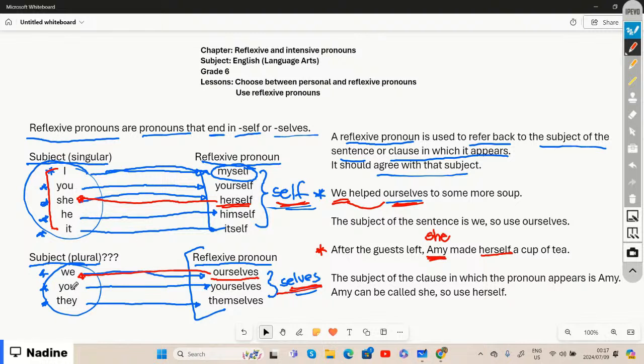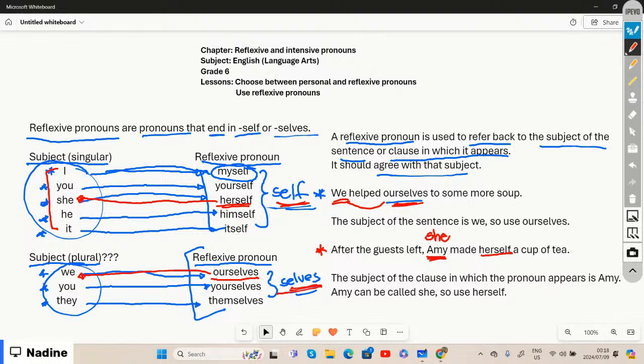And then with our plural subject, the reflexive pronoun ourselves needs to refer back to we, yourselves refers back to you, and themselves refers back to they. You're just going to have to see in which context the pronoun is being used.